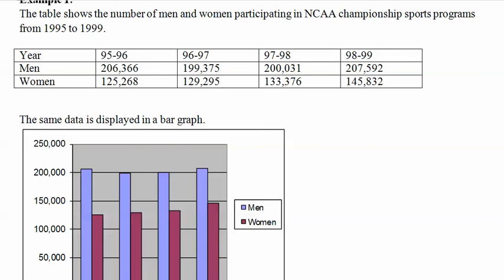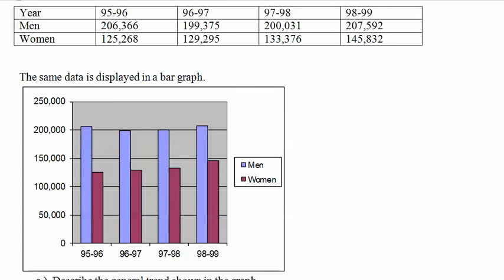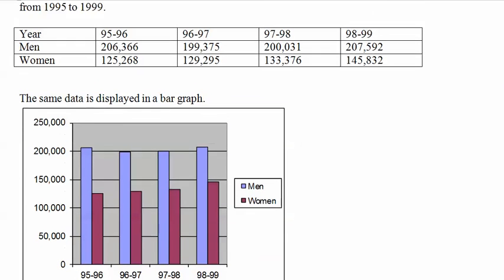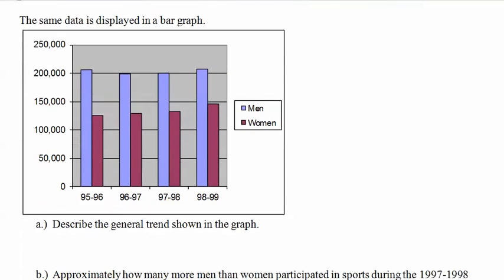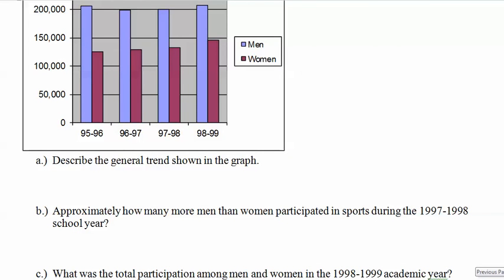Number of men and women participating in the championship sports programs. Men is a little bit more, 200,000 plus minus, right about there, and women is right around 125,000, and it's steadily increasing. So describe the general trend shown in the graph.